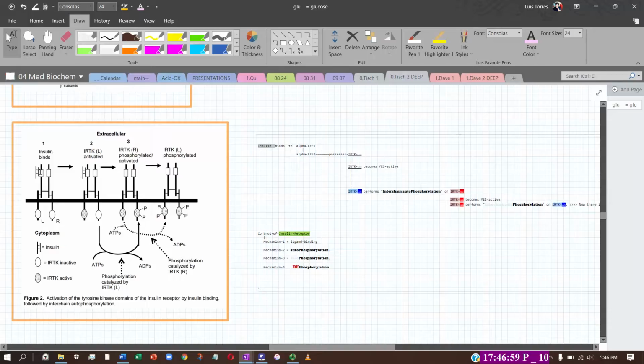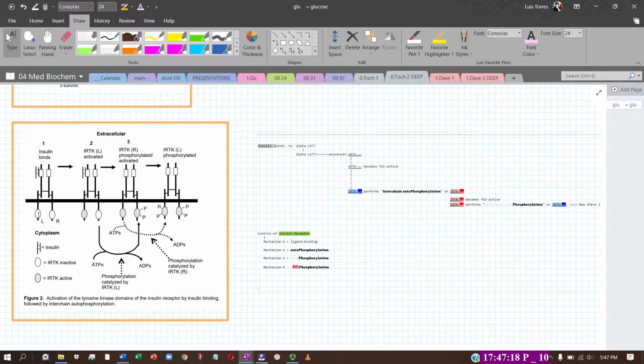So here you go on the left. The alpha left possesses an IRTK right here, this circle, this oval. IRTK, remember, stands for insulin receptor tyrosine kinase.